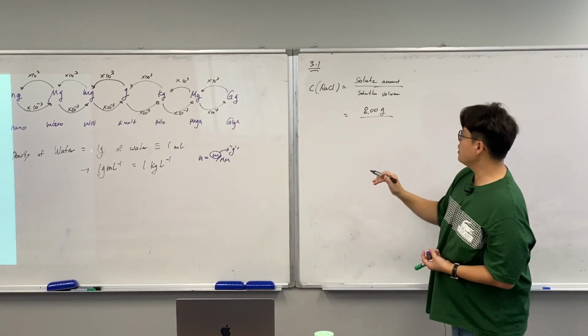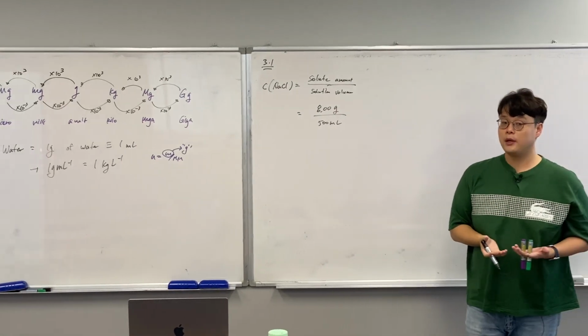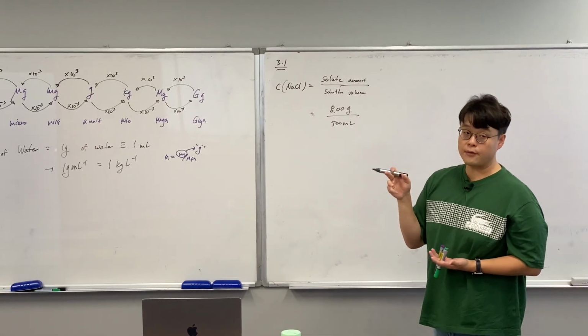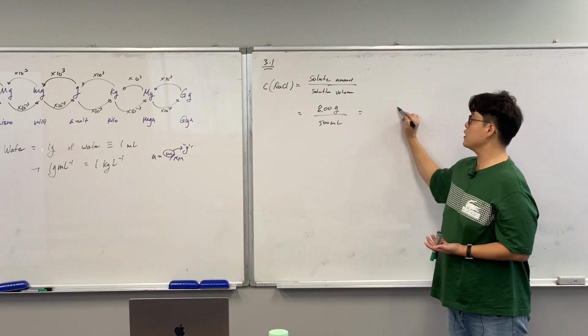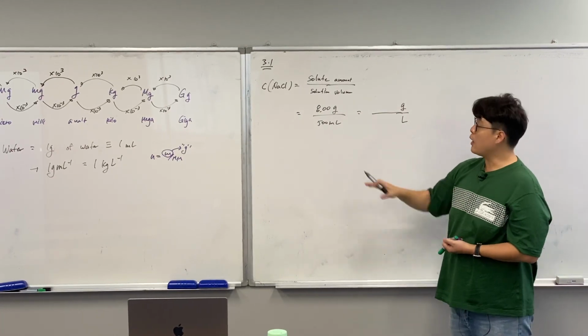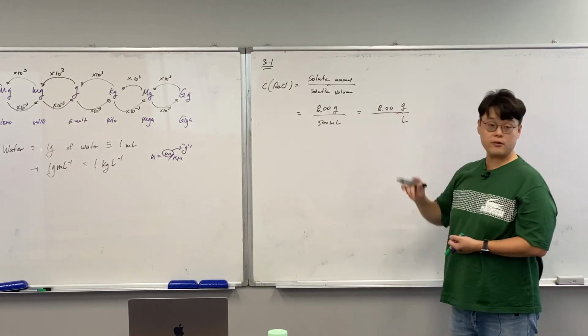We have 500 mL, which is 500 milliliters, given. I just wrote down what you're given. Then look at the question to see what units you have to convert into. You need to convert into grams per liter, which means I don't need to do anything with the 8. This is the same grams, so 8.00 grams given.